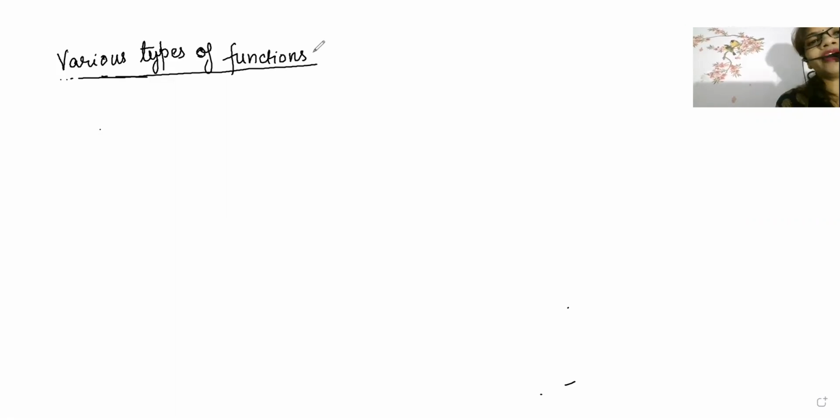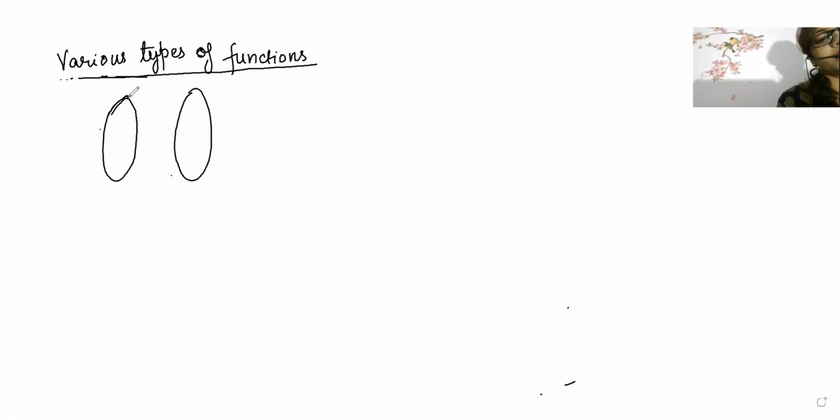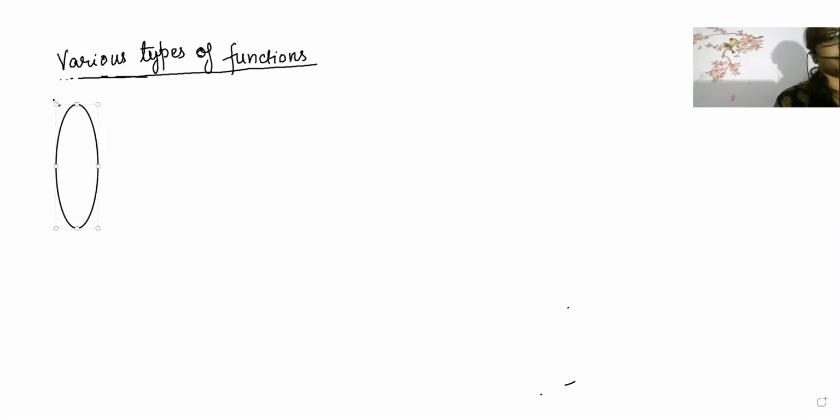One very important property of function is many-one. Many-one correspondence stays there. First, I'm discussing many-one.